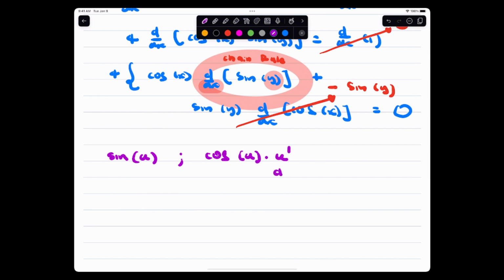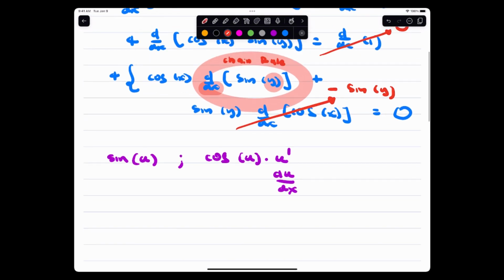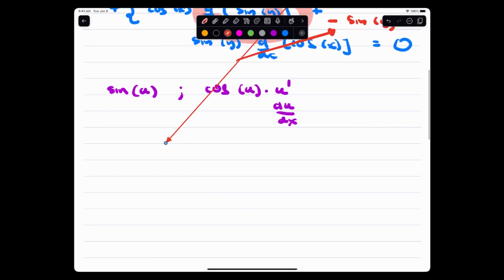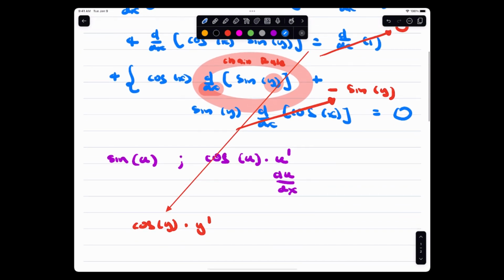Well, it's du/dx, with respect to the x variable. So this portion here, by chain rule, is that going to give me cosine y times y prime by chain rule? And the answer is what?